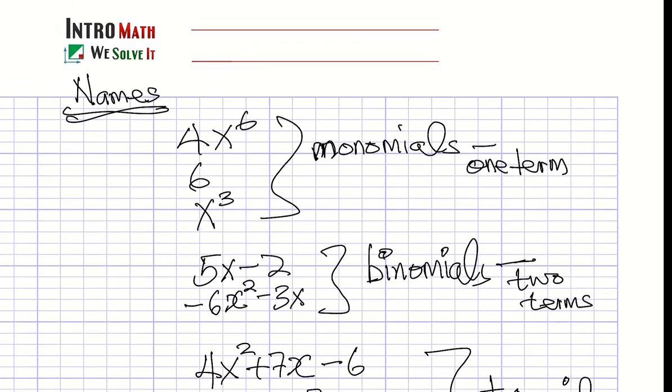Okay, let's talk about names. Polynomials have special names, like I showed you at the beginning. Remember the bike? You have a monocycle, bicycle, and a tricycle. Polynomials are like that.